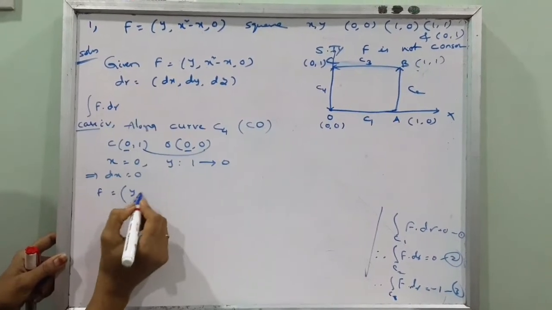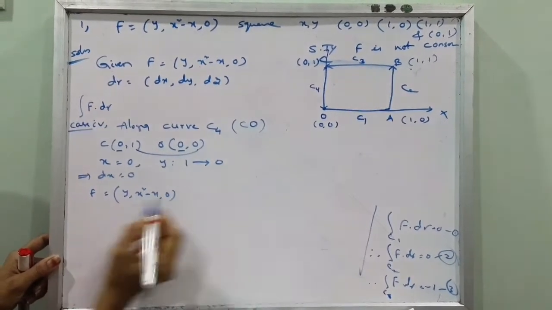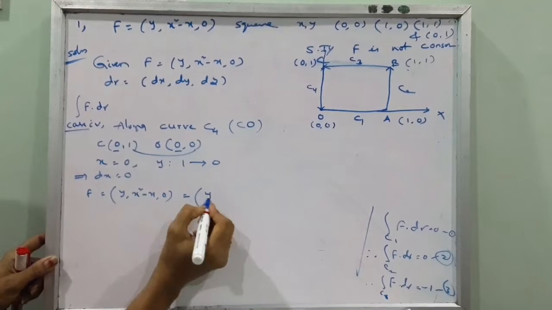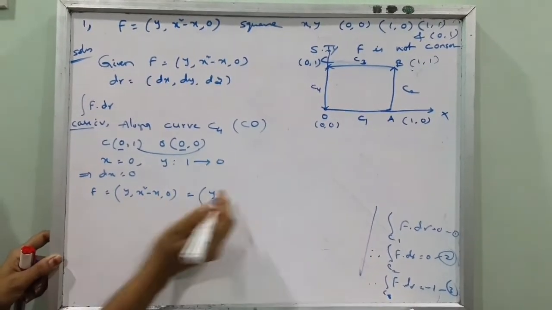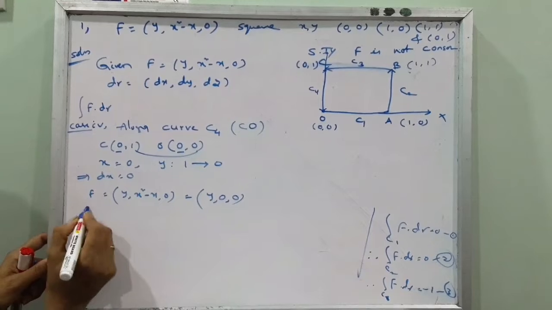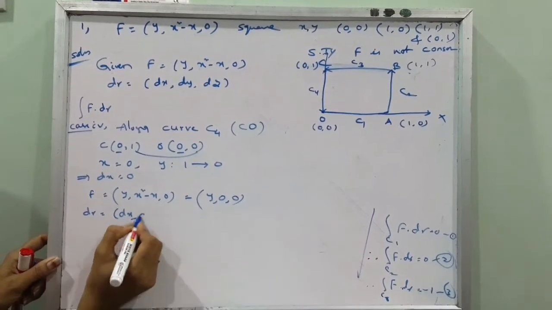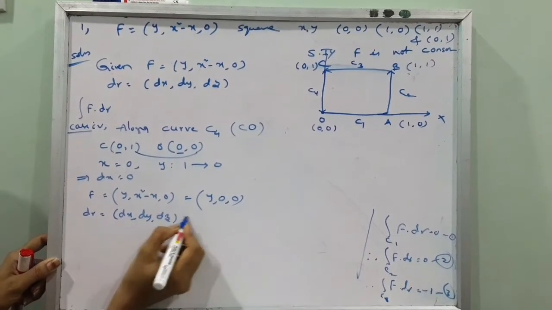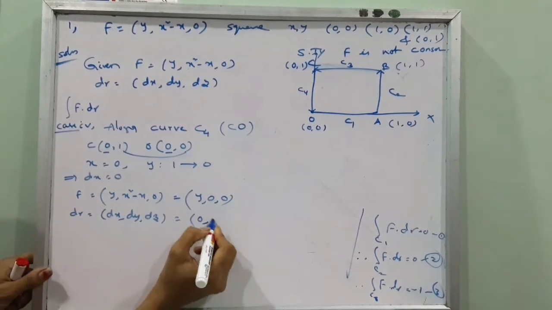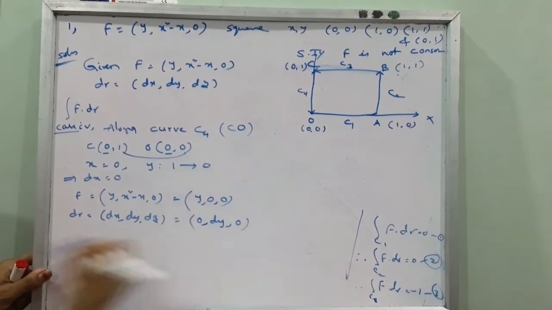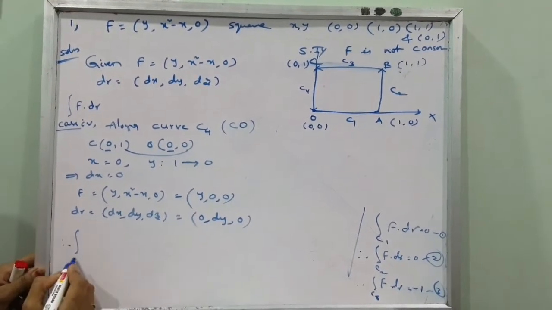Now f is equal to (y, x square minus x, 0), which implies (y, x square). Putting x equal to 0 in this, we get (y, 0, 0). And dr is equal to (dx, dy, dz), which from this is (0, dy, 0).